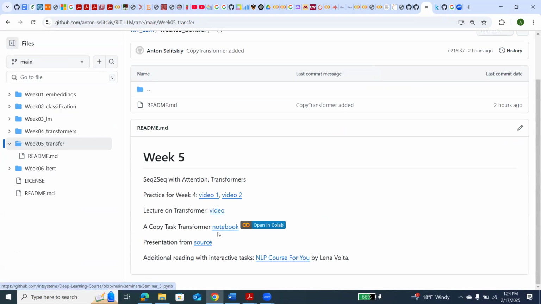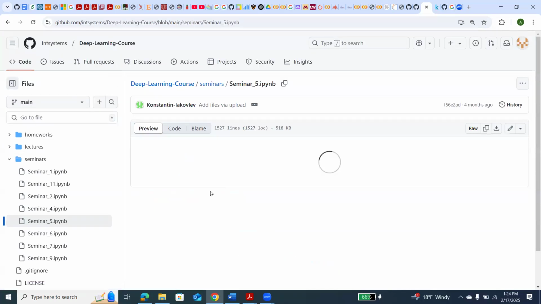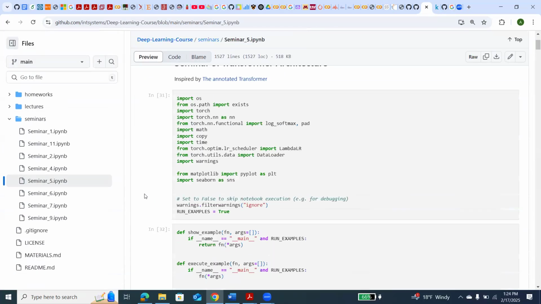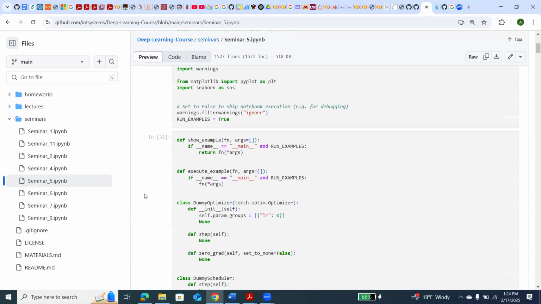to one transformer implementation, which was used to solve the problem of copying a sequence. Just, if you have an input sequence, how to train a neural network so that it will reproduce this input sequence.